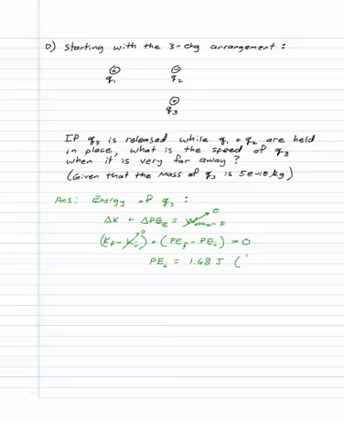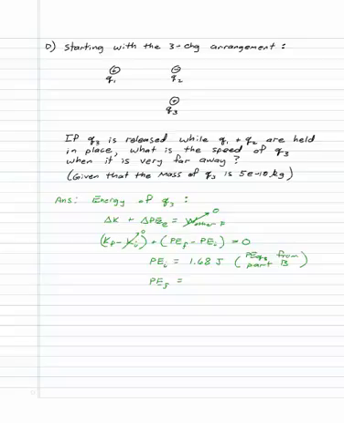Now let's look at the final potential energy. This is not of the system; we're doing all of this analysis about Q3. So we want the final potential energy of Q3.